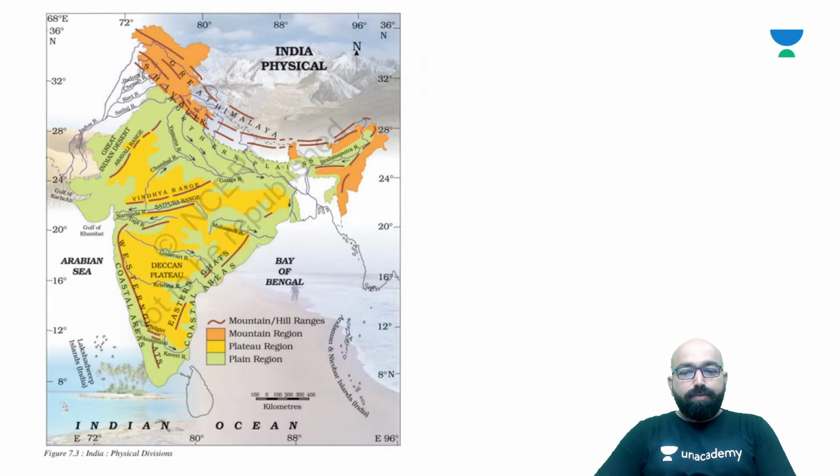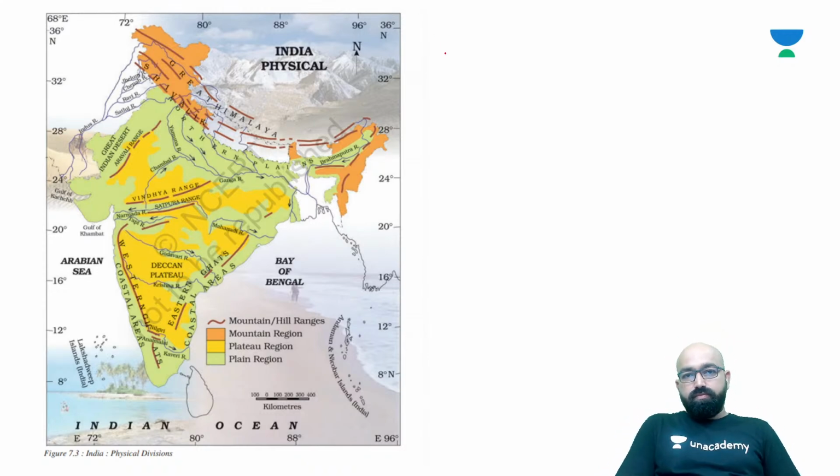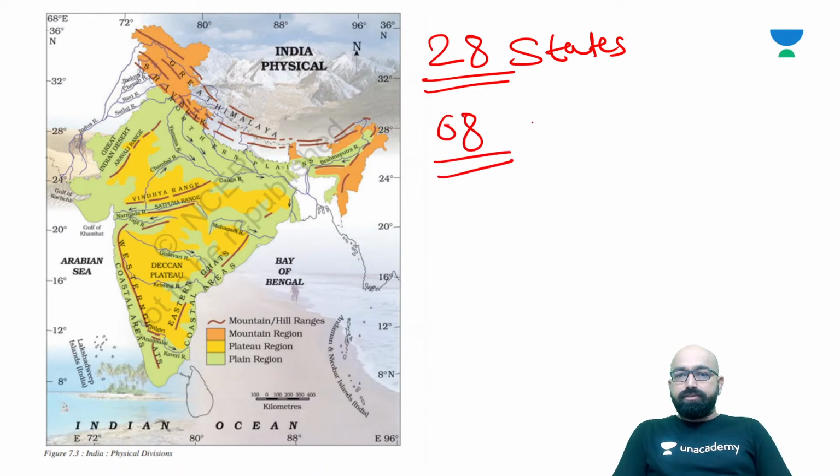For administrative purposes, the country is divided into now 28 states. Yes, in the NCERT book it is given as 29 because the book was printed before these changes. So 28 states and 8 union territories.